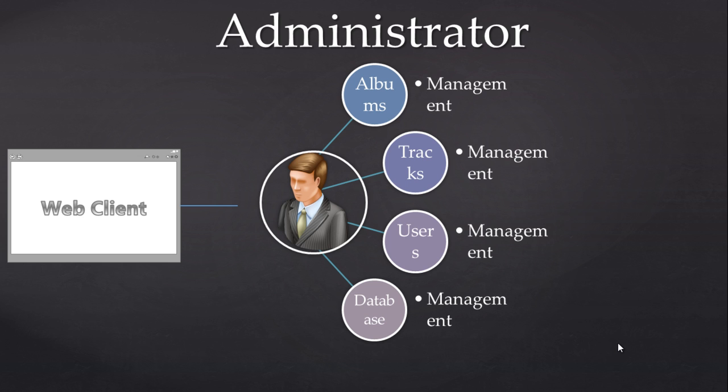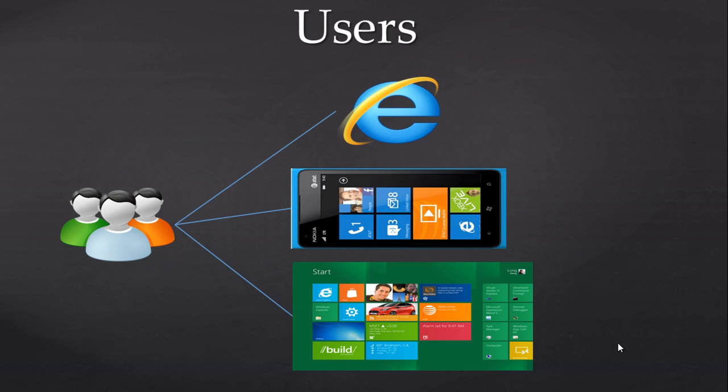Using the web client, he manages the website, it's completely website management. Next thing is users. What will users do? They can access the application through Internet Explorer, Windows Phone, or the start screen. So we're going to start building these applications.